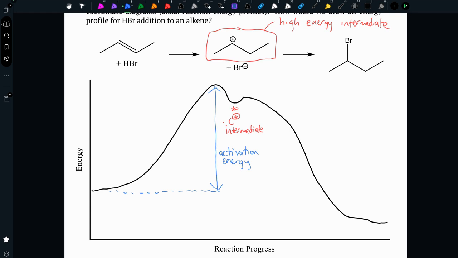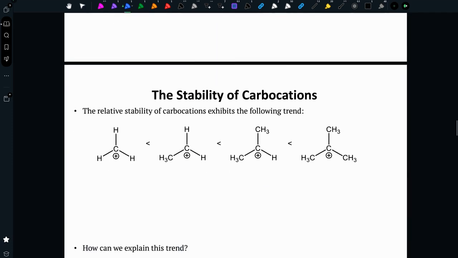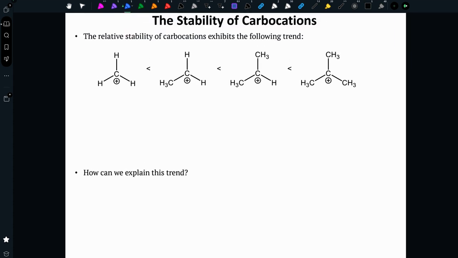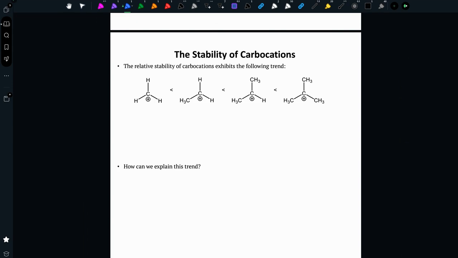All right, so in general, this is what our reaction energy profile is going to look like for addition of HX to an alkene. Big, tall hill for the first step, shorter hill for the second step. Now, this slide you've already seen in Module 15. Just as a reminder, a primary carbocation or a methyl carbocation is so unstable that it will pretty much never form.